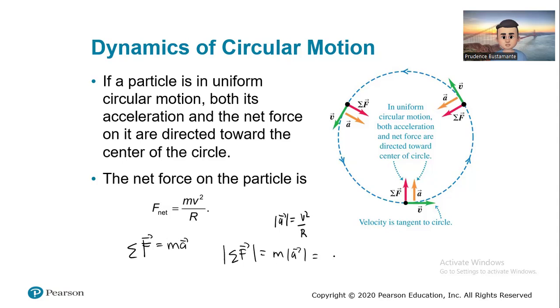Therefore, this is equal to the mass times v squared over r. Or we can also put this one in terms of the period, 4 pi squared r over T squared, if I'm not mistaken.